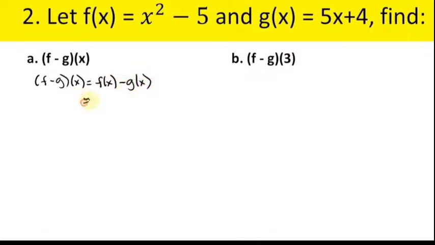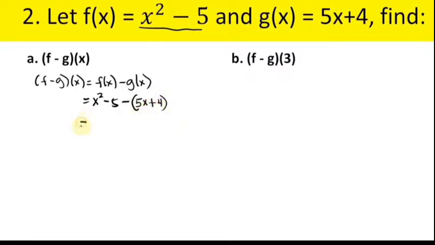Again, we substitute the value of f of x. The value of f of x is x squared minus 5, subtract the quantity. Put parentheses around the value of g of x, that is 5x plus 4.